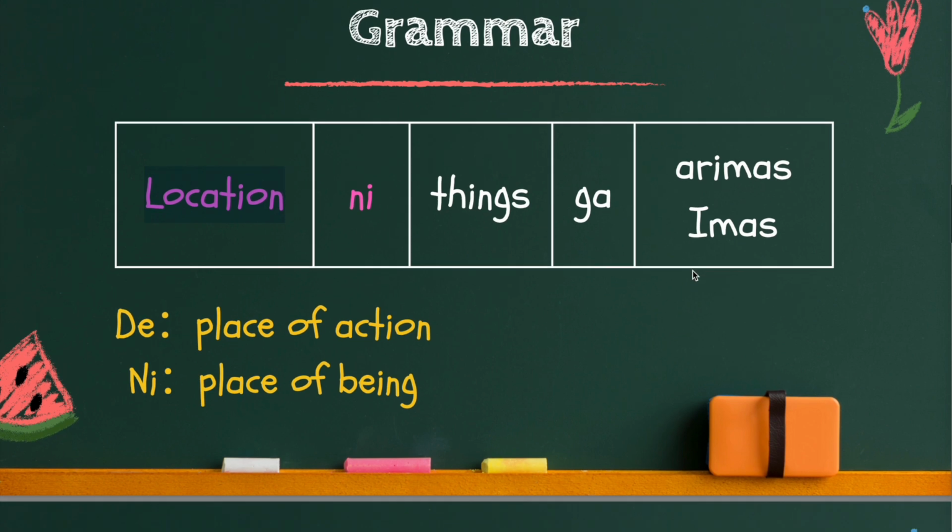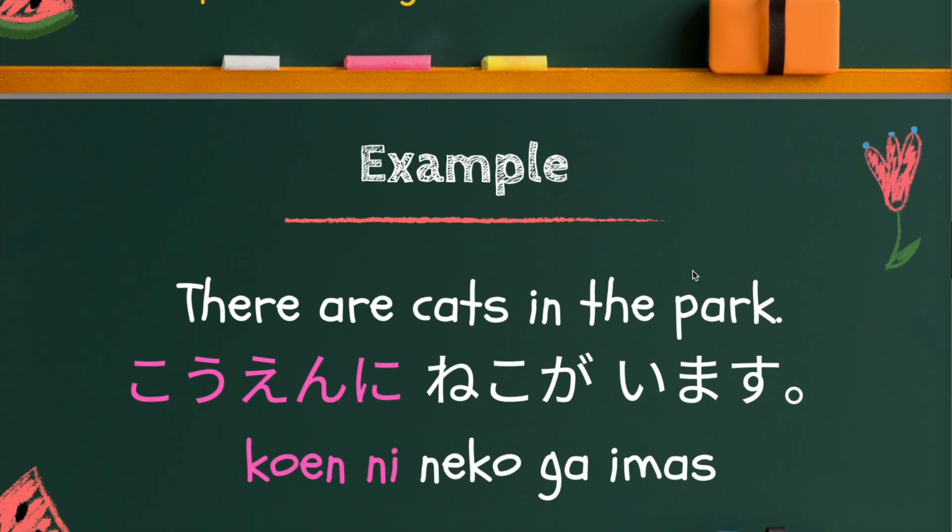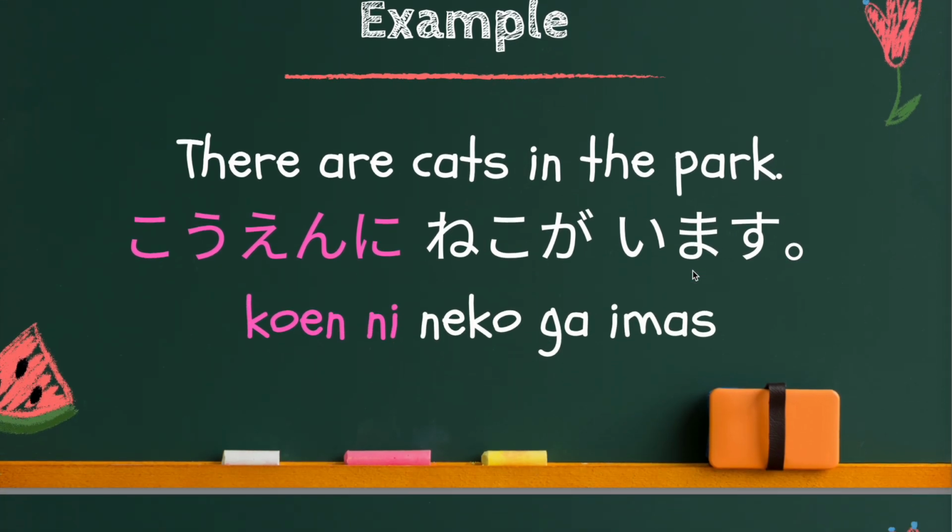For example, there are cats in the park. In this case, park is where the cats exist. Therefore, 公園に猫がいます。So location, ni particle, things, がいます because cats are living things.